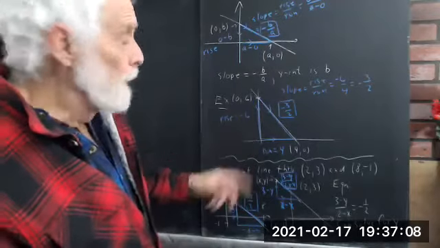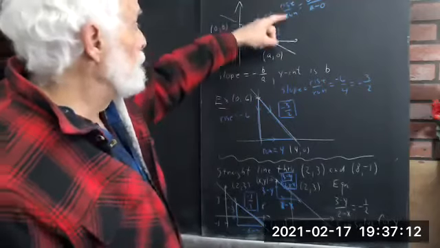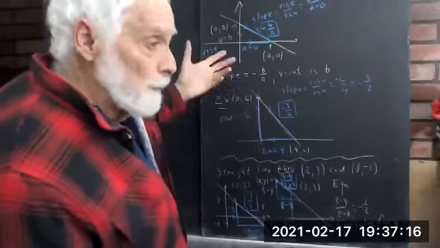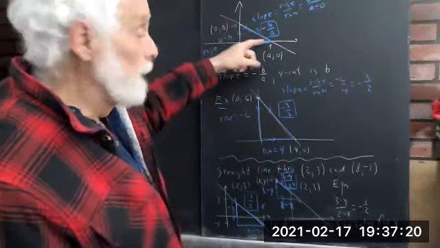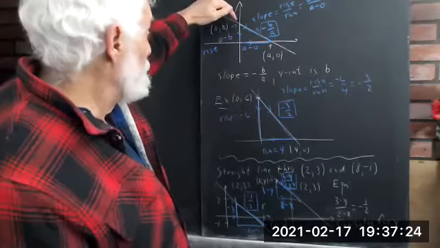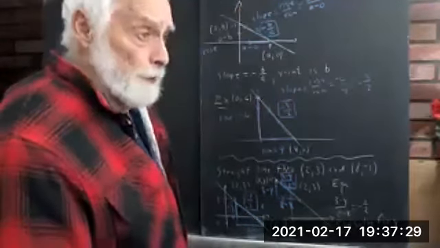Well, slope of the line is what? The slope is the rise divided by the run of any fundamental triangle, but I went ahead and chose the easiest one, the fundamental triangle whose hypotenuse goes from the point 0, b to the point A, 0.